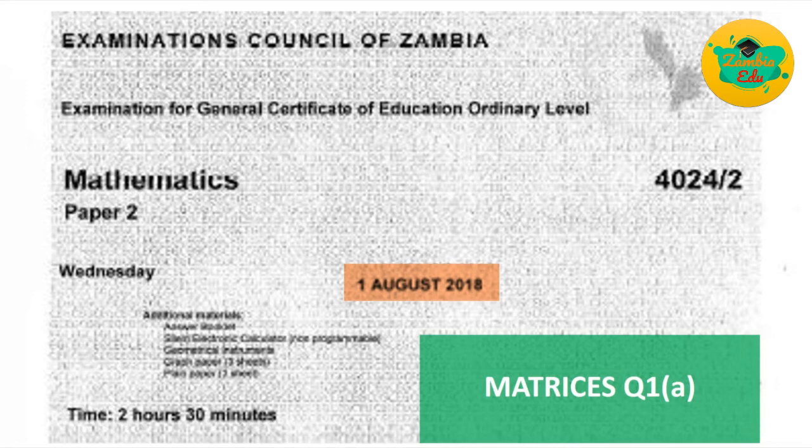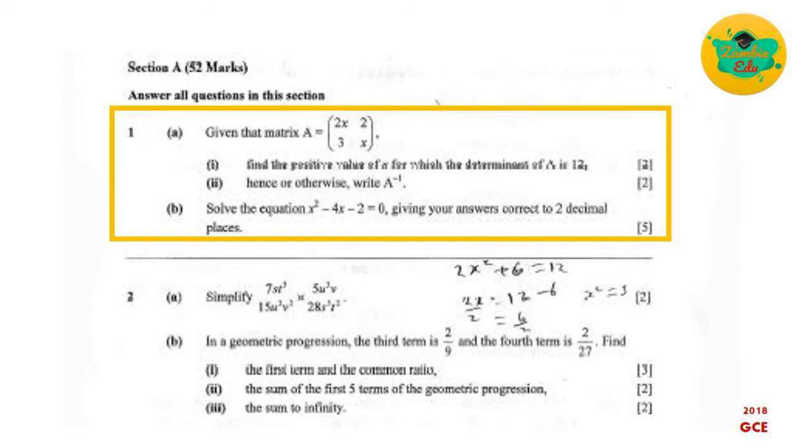Let's begin to solve. Given that matrix A is equal to 2x, 2, x, 3x.